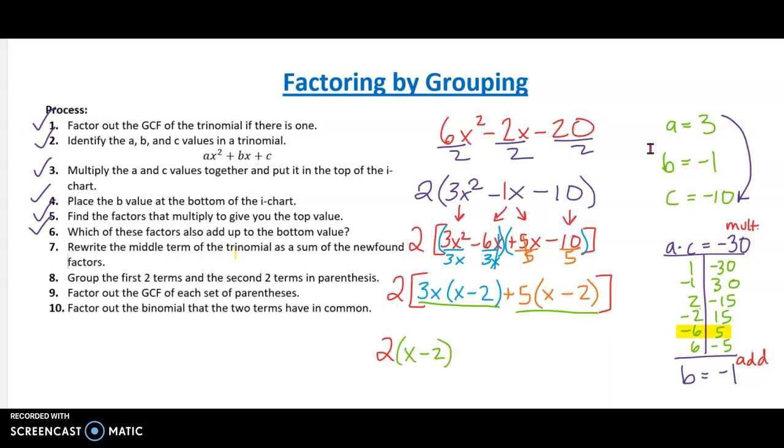They both have x minus 2 in common, so we factor that to the front. So usually what I do is I mark them out once I have moved that x minus 2 to the front. And then I see what's remaining, the 3x and the plus 5. And whatever's remaining has its own set of parentheses as well. So this is the final factored form.